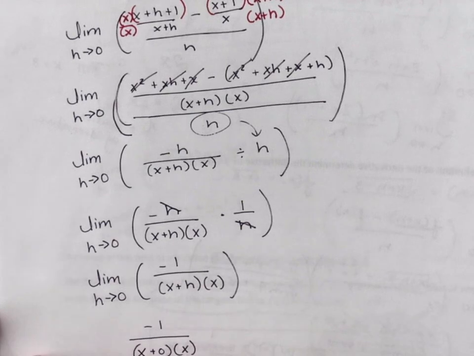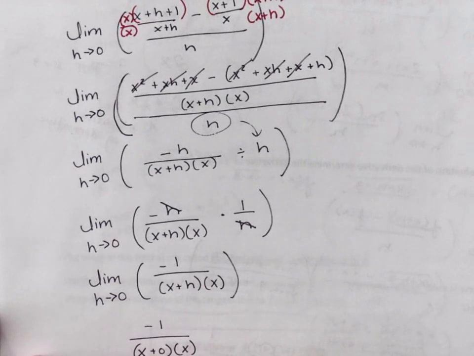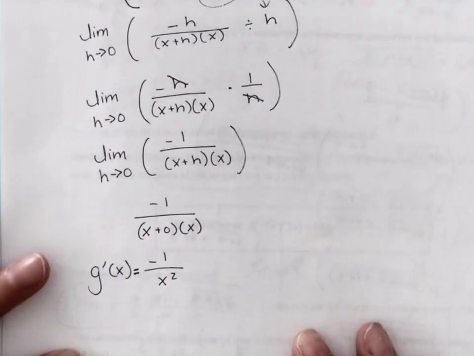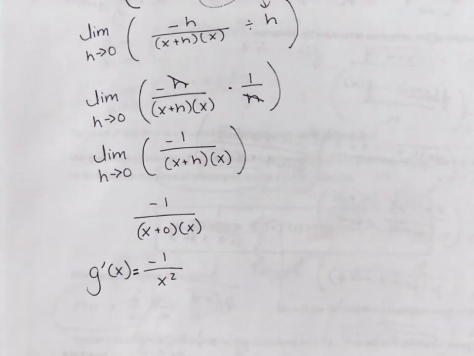So we know that g prime of x is equal to 1 over x squared. And it shouldn't be f prime because the whole equation was about g of x. That's like introducing a new variable without defining it, so make sure you're using g of x.